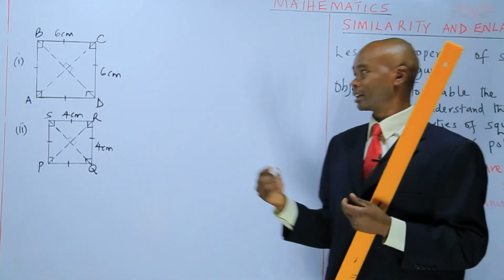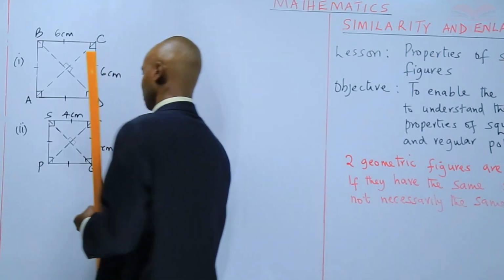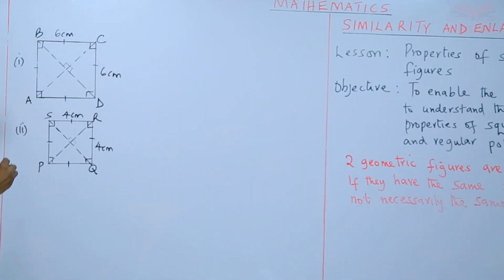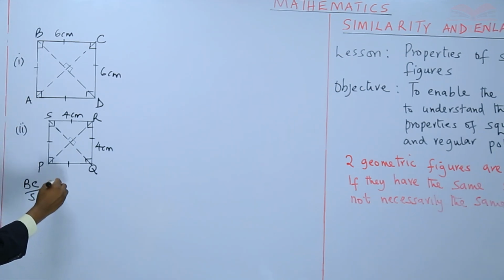If you take a ratio of any corresponding side, like BC over SR, it should be equal to BA over SP.